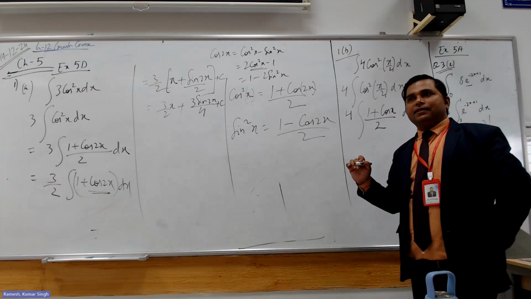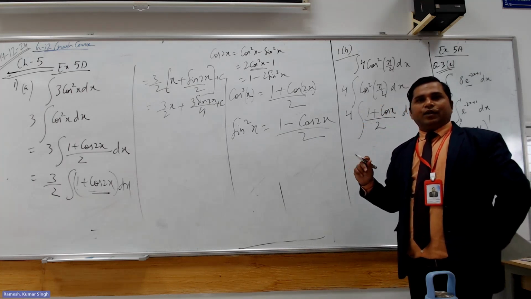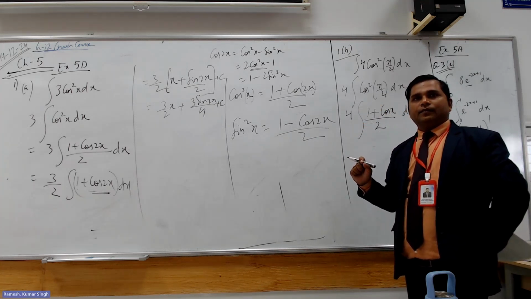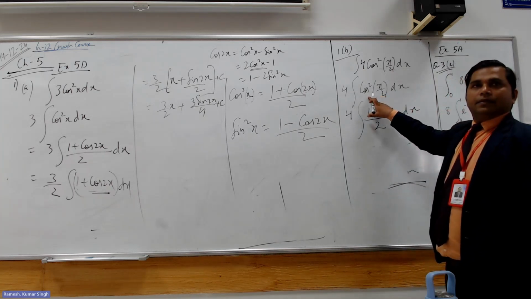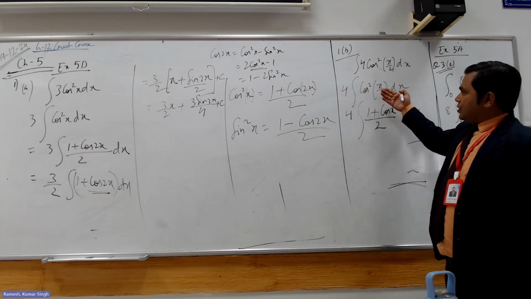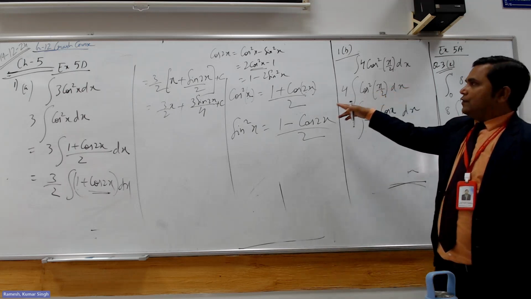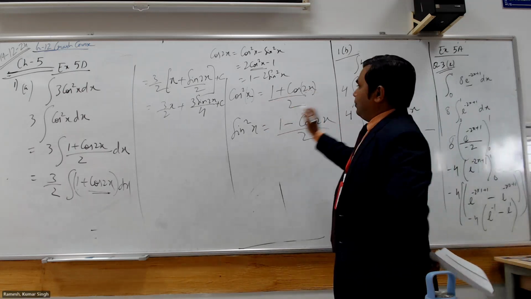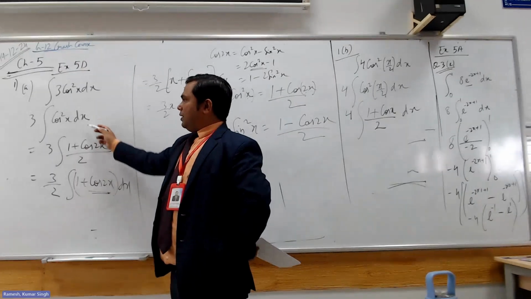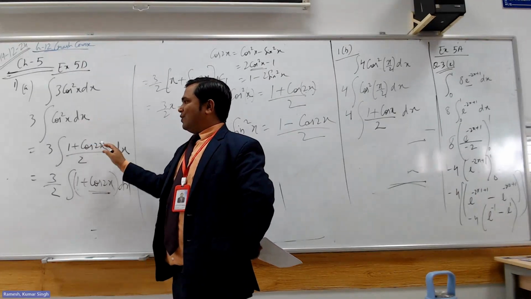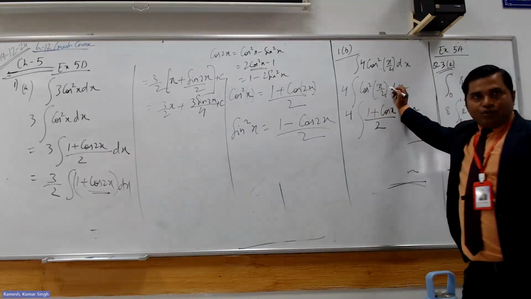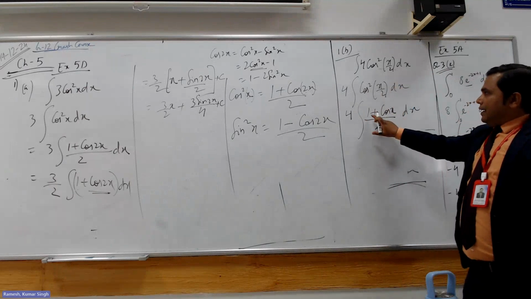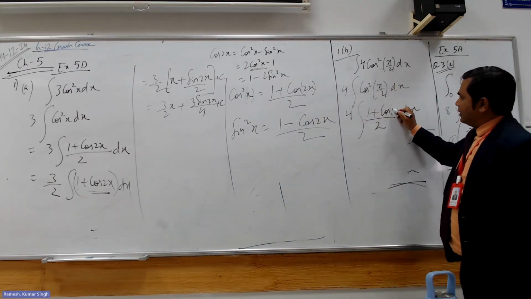Am I making sense? We're not differentiating, we are just converting to this form. The way we converted cos square x as 1 plus cos 2x over 2, in the same way, cos square x over 2 you write as 1 plus cos x over 2, see, double.